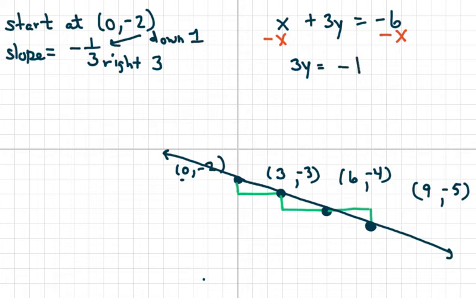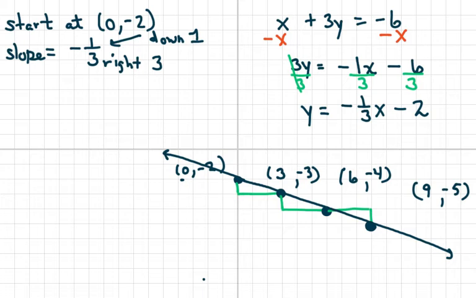There's an understood 1 in front of that x. And then I divided everybody by 3 to get a 1 in front of the y. So y is equal to negative 1/3 x minus 2. Slope of negative 1/3. That's what I started you off with. Y-intercept at 0, negative 2.